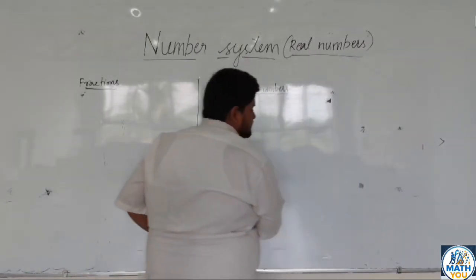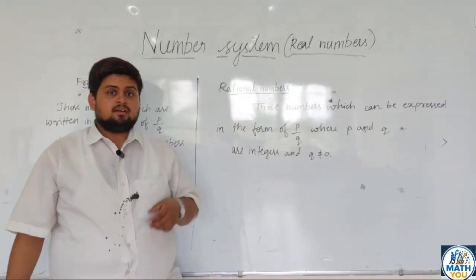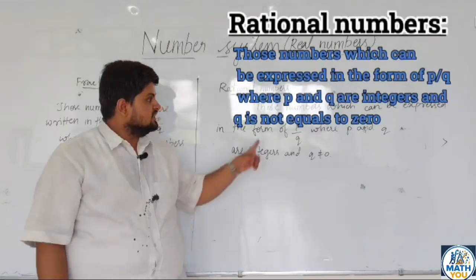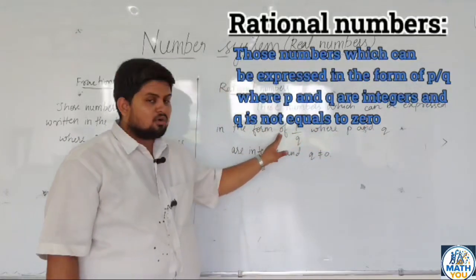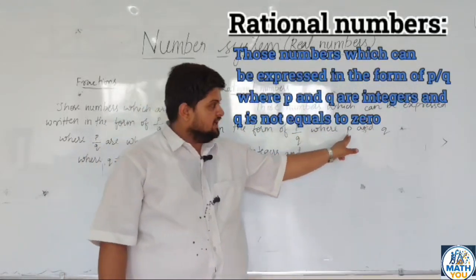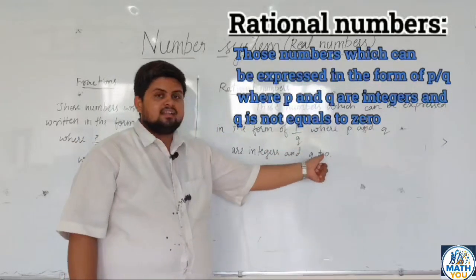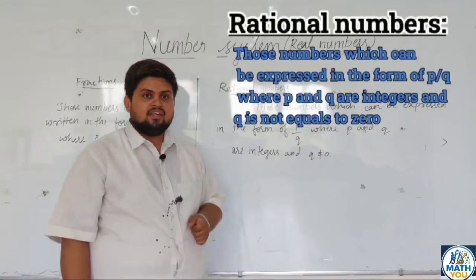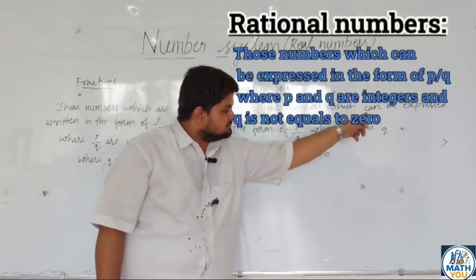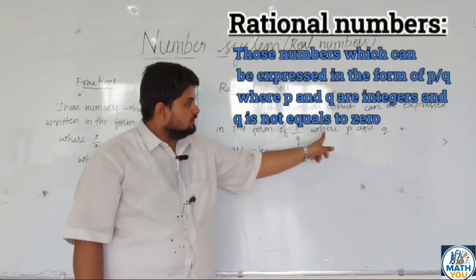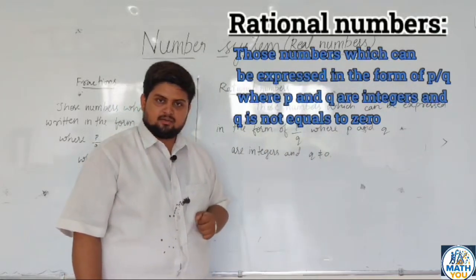You might know the definition of rational numbers initially, which you have learnt in your previous classes. Now, try to define rational numbers in your own way. We define rational numbers as those numbers which can be expressed in the form of p by q, where p and q are integers and q is not equal to 0.